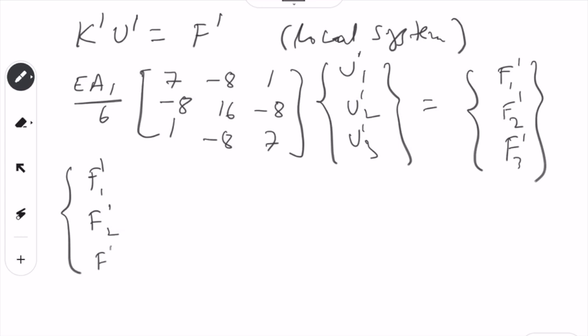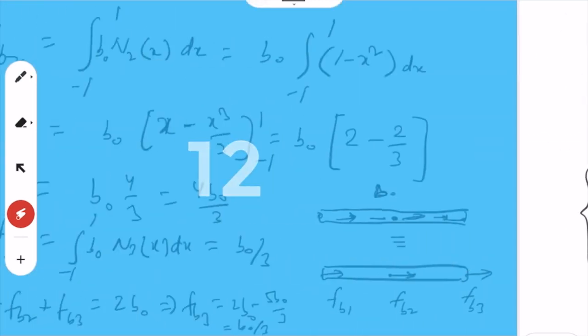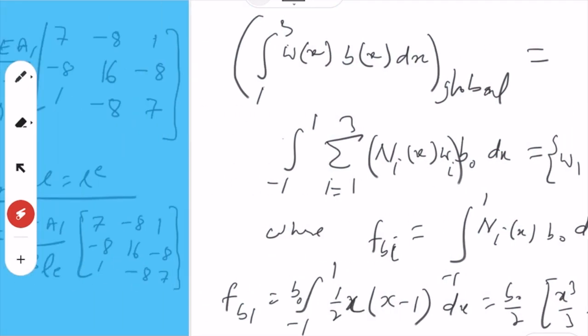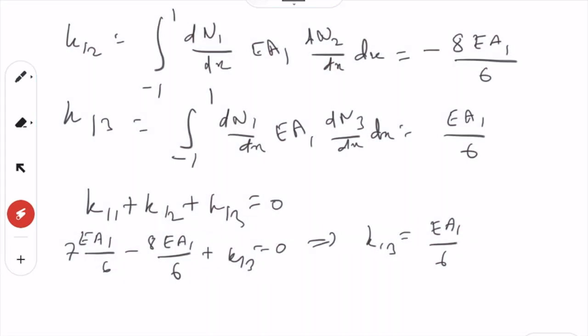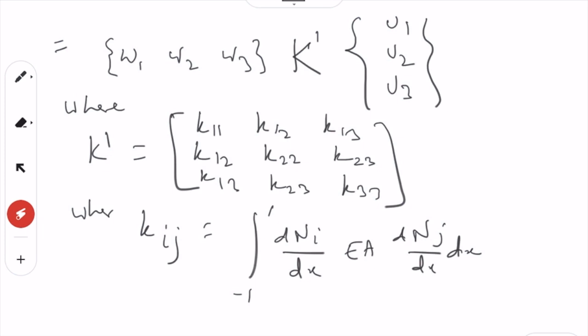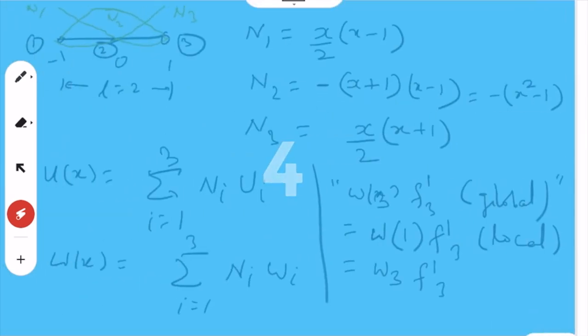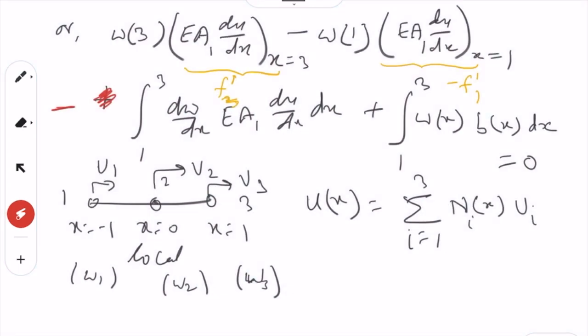F11, F12, F13 is equal to, we have to now do the assembly. If we assemble them together, putting everything as per the equation that we have seen earlier, this whole equation I am going to put into a single matrix.